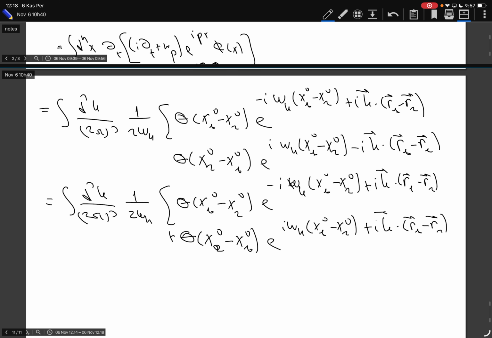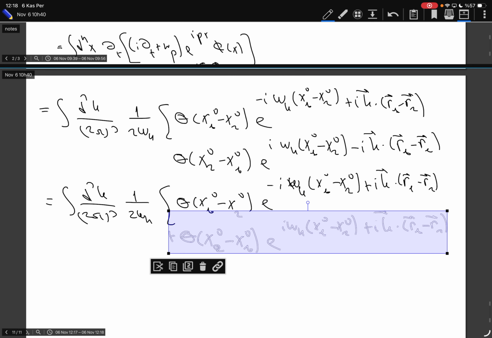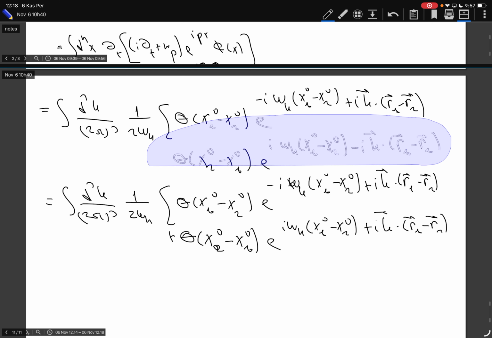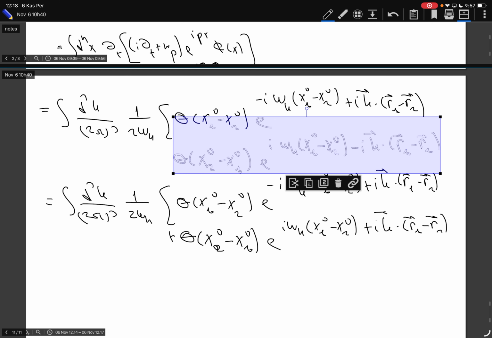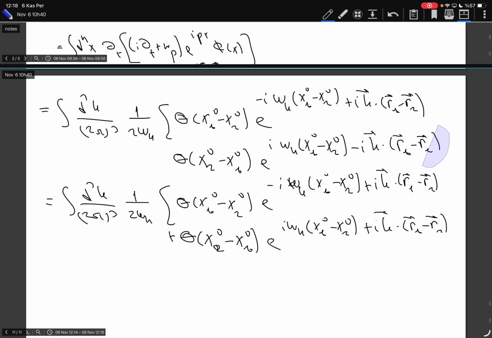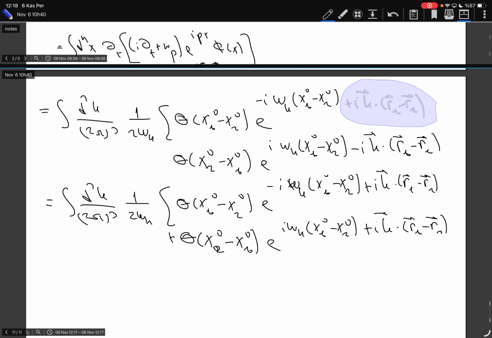I mean, in this term I replace k by minus k everywhere. The integral measure doesn't change, omega k doesn't change. The only thing that changes is the second term in the exponent. So that second term in the exponent becomes the same as the second term in the first exponent. So now I can take them out of the parentheses.